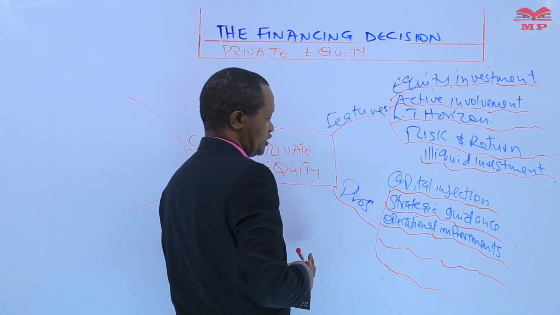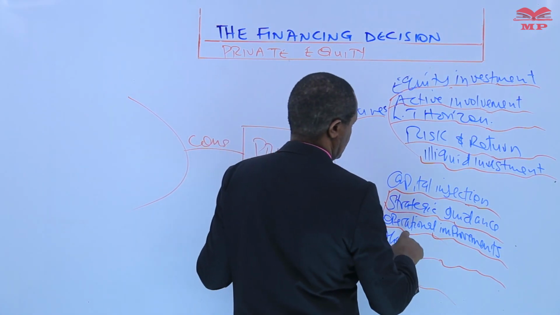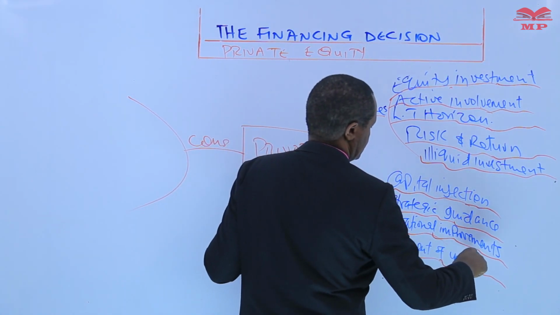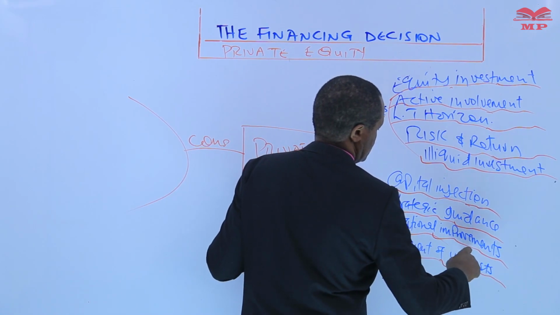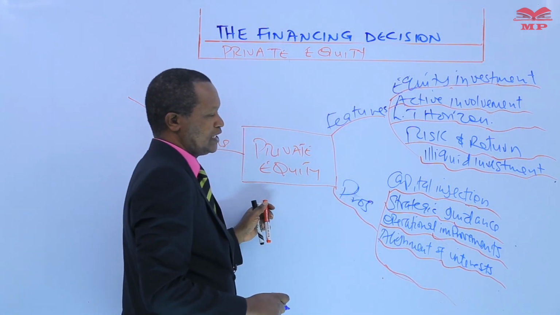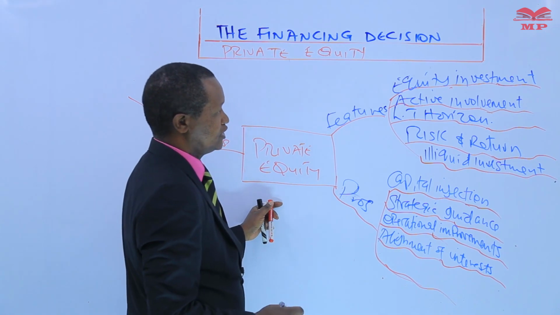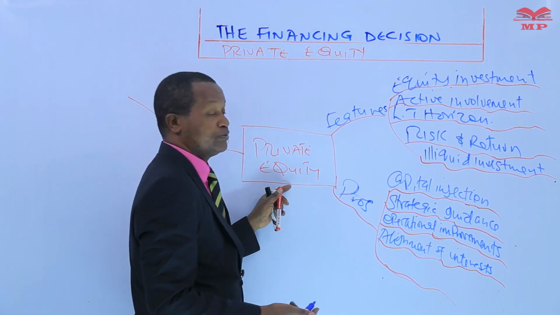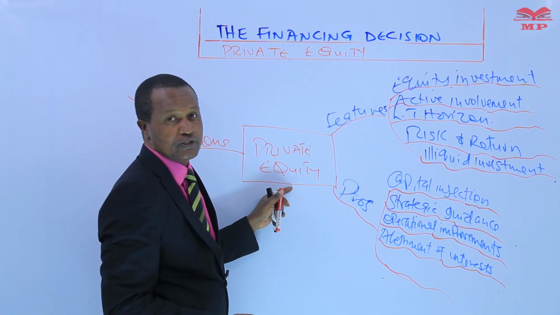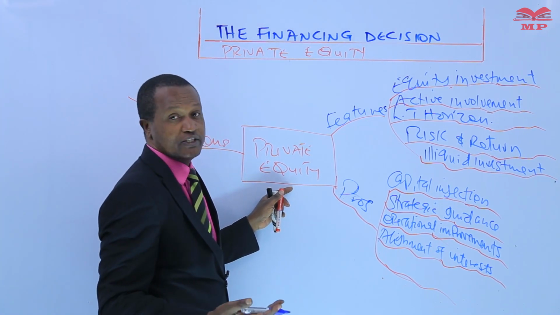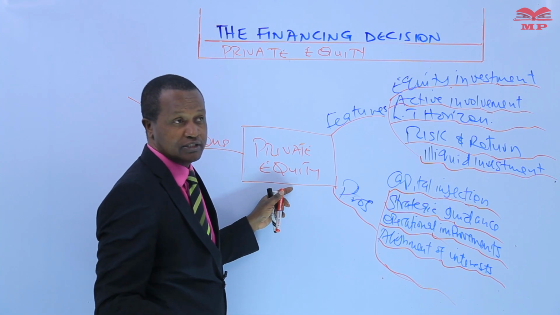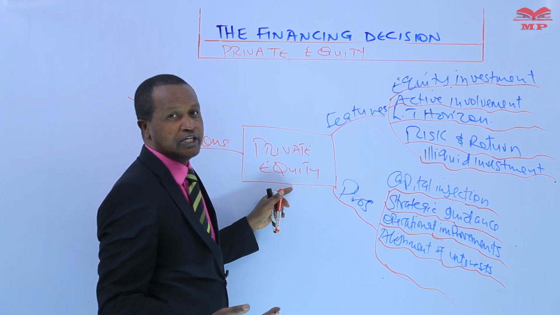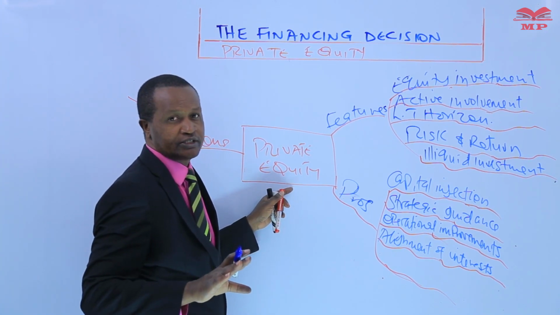Alignment of interests. How is alignment of interest an advantage associated with private equity? Now, private equity investors and company management often share aligned interests.